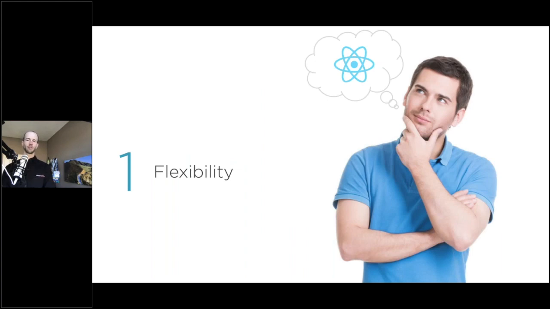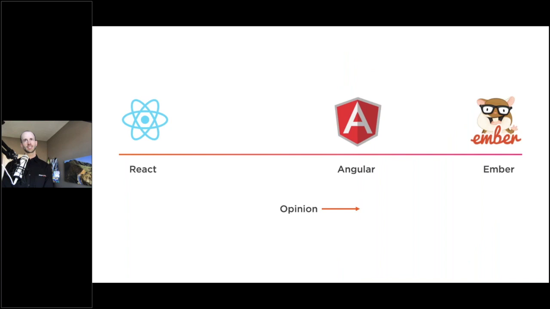When we think about flexibility, there's a spectrum you could consider. As opinion goes up, flexibility to some degree goes down. Ember, for instance, is known for being a very opinionated framework that says exactly where you should put files, how you should handle routing, and so on.